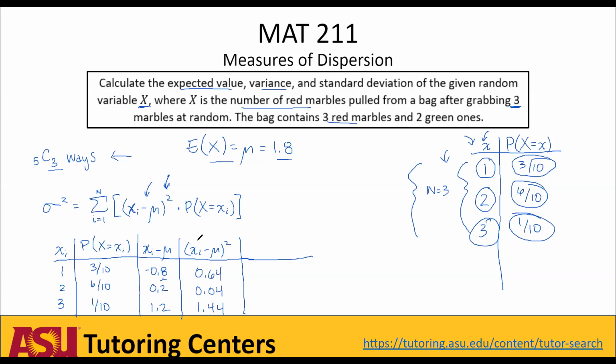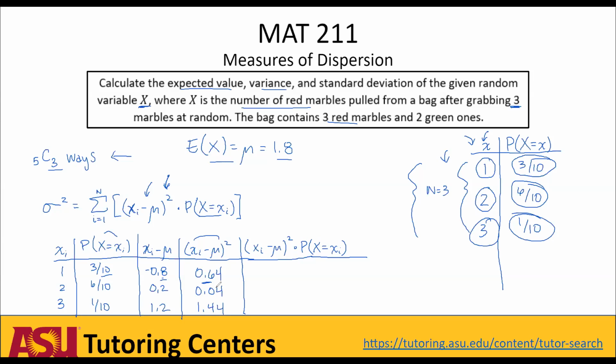Lastly, we want to take this value and multiply it by our probability, just like we have up here. So we'll have our xi minus mu quantity squared times our probability that x is equal to little xi. And so this is just a matter of taking this value and multiplying it by our probability.